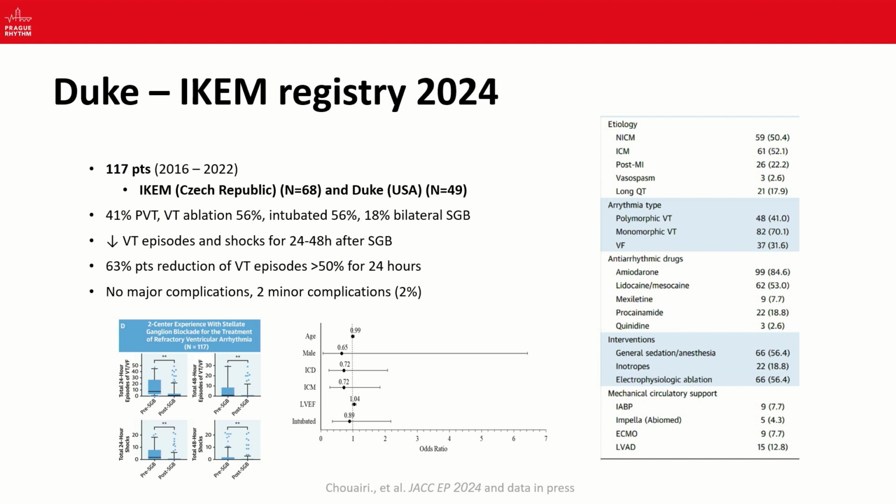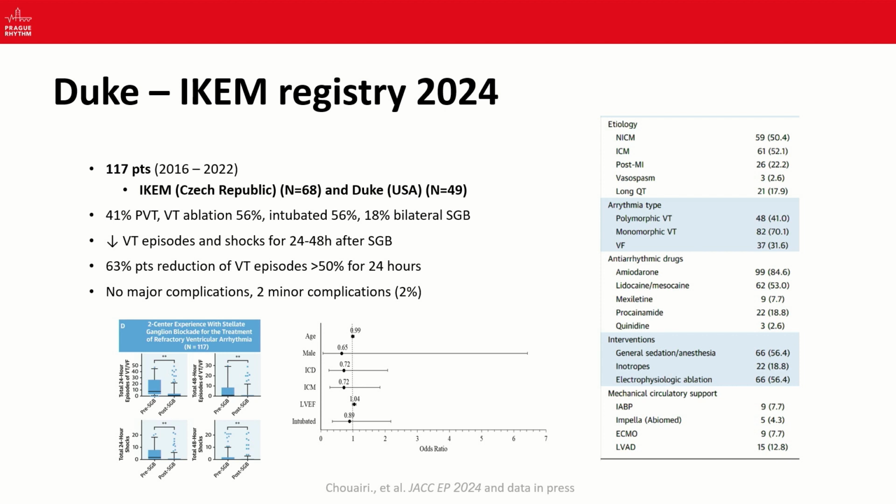And we also have shown that after the procedure, for 24 to 48 hours, the burden of VT episodes and separately also ICD shocks reduced significantly. And up to 63% of the patients had a decrease of VT episodes of more than 50% for the next 24 hours.